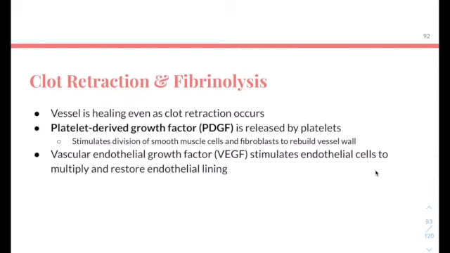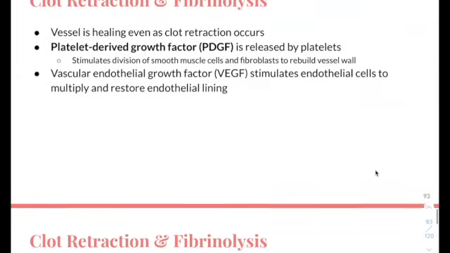It stimulates the division of smooth muscle and the fibroblasts to rebuild that vessel wall. Then the vascular endothelial growth factor stimulates endothelial cells to multiply and restore endothelial lining. So the cells that are already there start to reproduce to fill in where the damage had occurred.